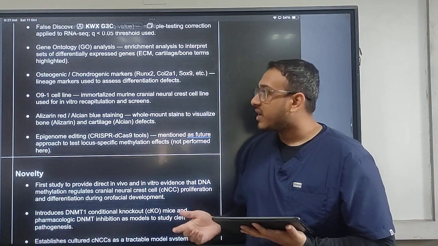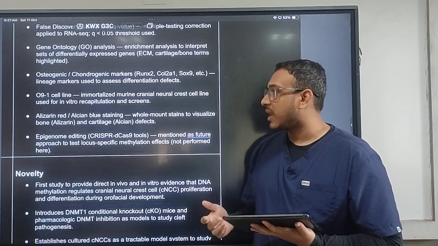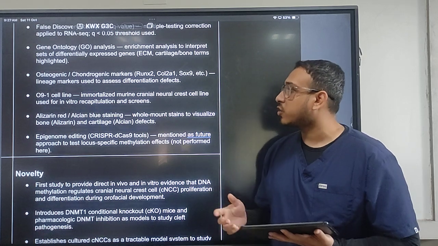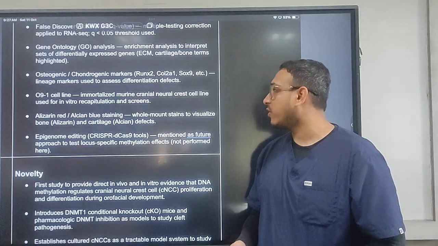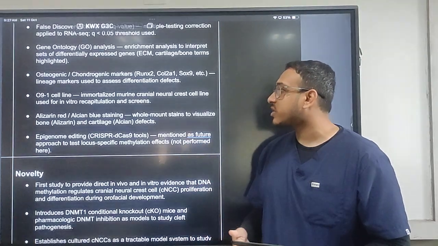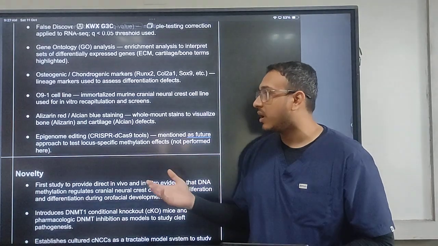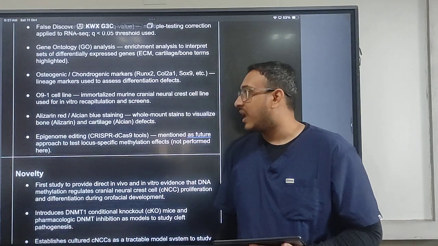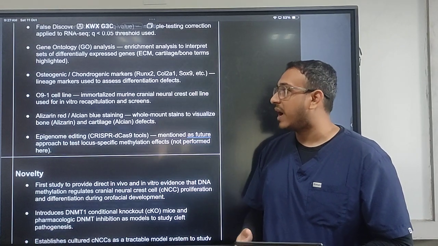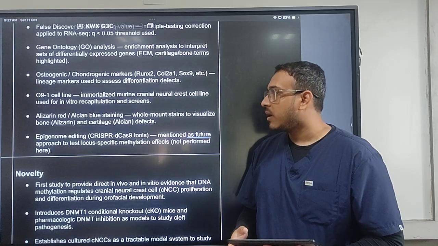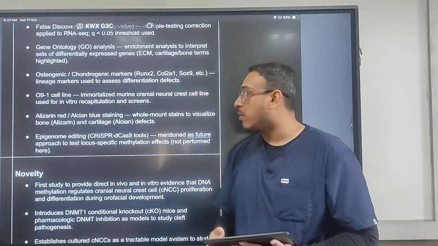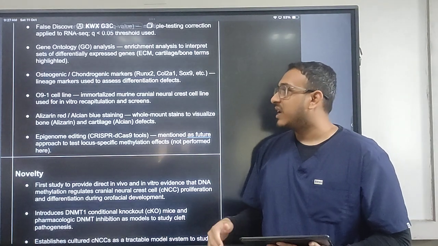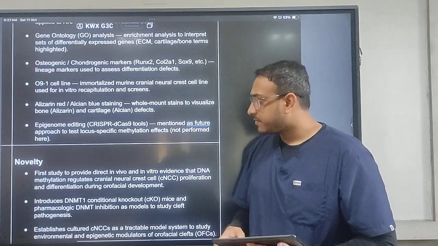The alizarin red and Alcian blue staining: they used these two stains for whole mount staining to visualize the bone using alizarin red and the cartilage, which was stained blue by Alcian blue.